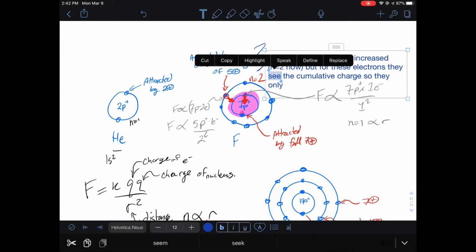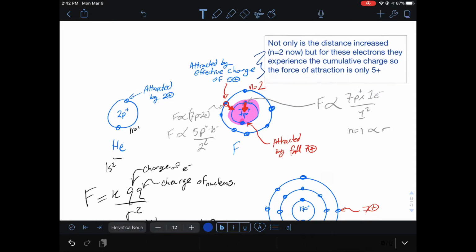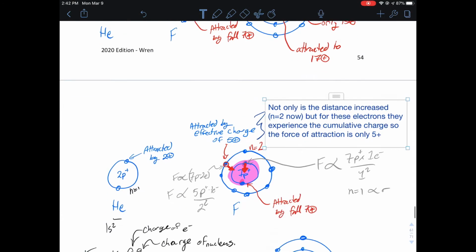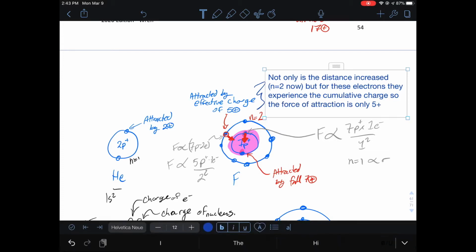So they experience, let's say, the cumulative charge of, so the force of attraction is only 5 positive. 5 positive. And we could take this and so that's what we call shielding.